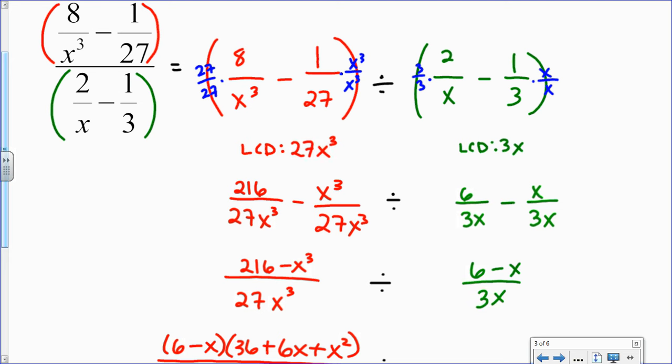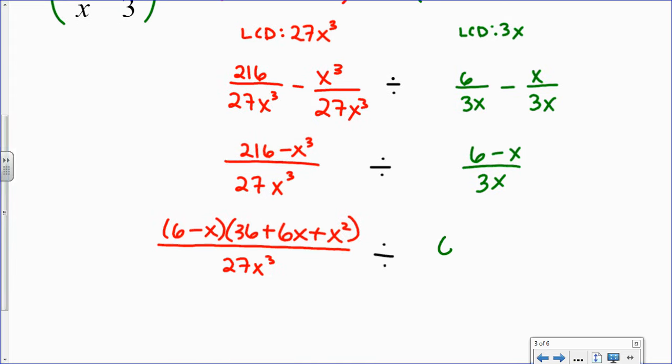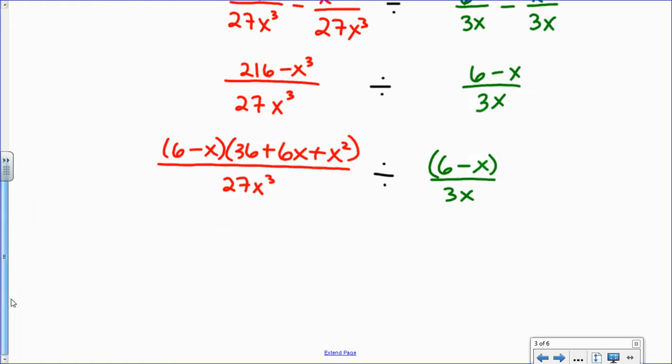Any factoring I could do in the numerator here? No. So I just need to rewrite it so it's next to this one. I will put parentheses around it. Okay. So now to divide rational expressions, you multiply by the reciprocal. So I got to copy this left one down. I'm just going to copy down exactly what I have.